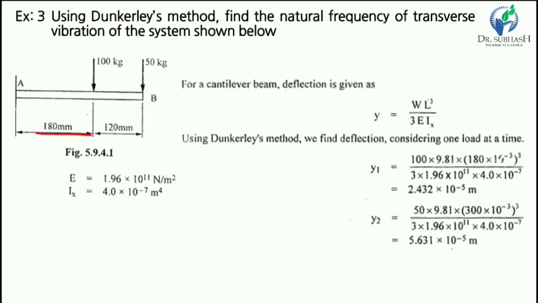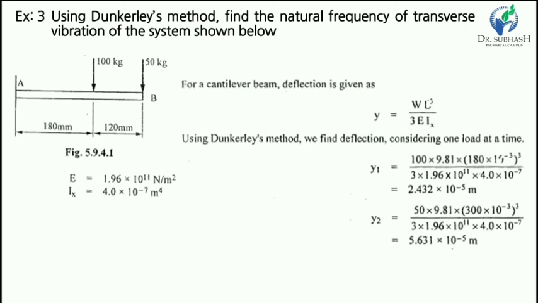The length is 180 plus 120, which is 300 mm. It is converted into meters by multiplying by 10 raised to minus 3, and the Young's modulus E and mass moment of inertia I are given in the data. So we put in the values directly and get delta 2 as 5.631 into 10 raised to minus 5 meter.